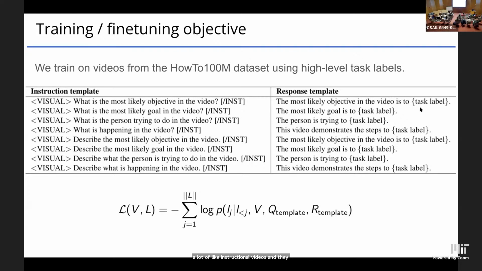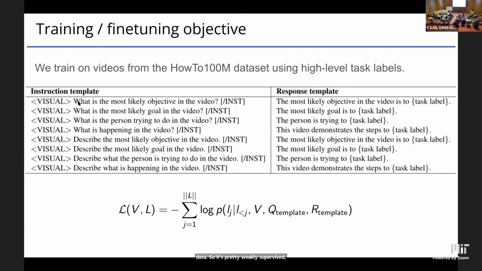For example, it could say baking a cake, or putting together a chair, a piece of furniture. These are the task labels that we train with. So it's very noisy training data, pretty weakly supervised actually.